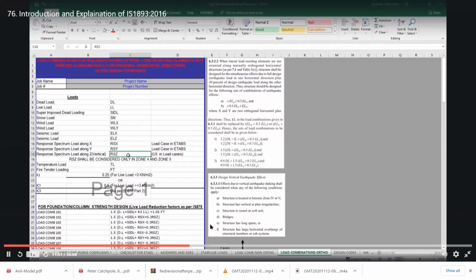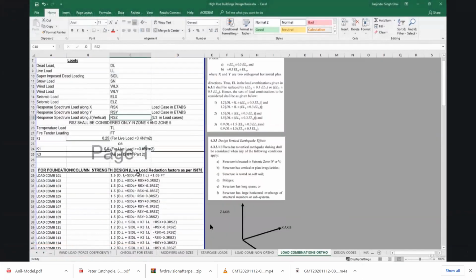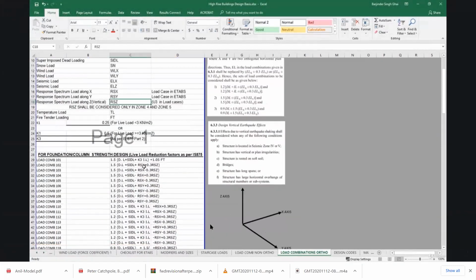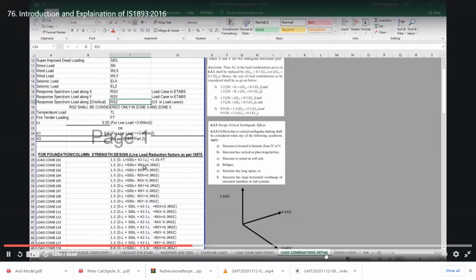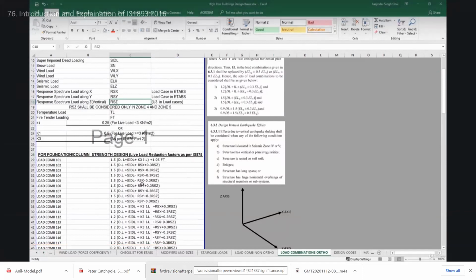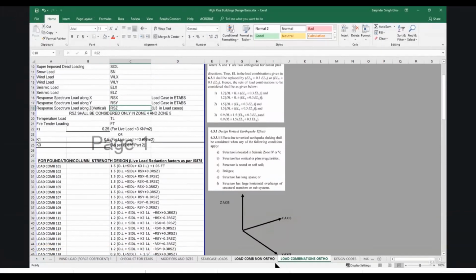So in that case, I have prepared the list, that is RSX plus 0.3 RSZ and RSX minus 0.3 RSZ. So I am combining the horizontal response spectrum load cases with the vertical response spectrum case.